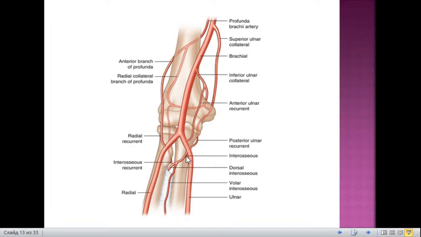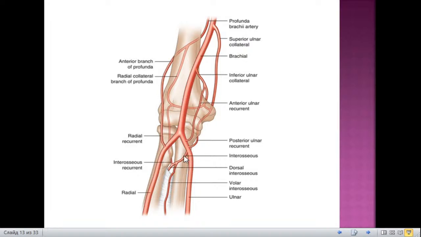And last, we need to find the last recurrent artery. You see how the ulnar artery gives off the common interosseous artery. The common interosseous artery divides into anterior and posterior interosseous arteries.